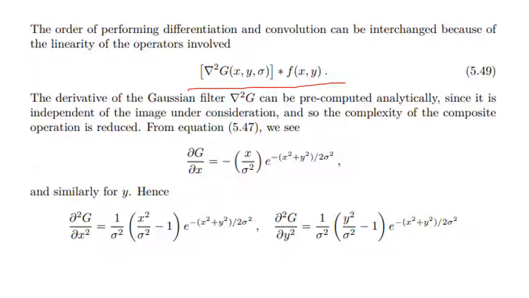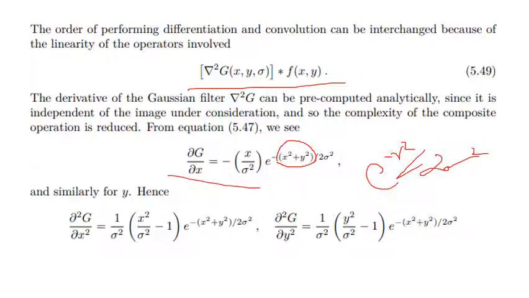So instead of writing e power minus x square plus y square, you can write it as e power minus r square by 2 sigma square. In the same way you can write it for y.